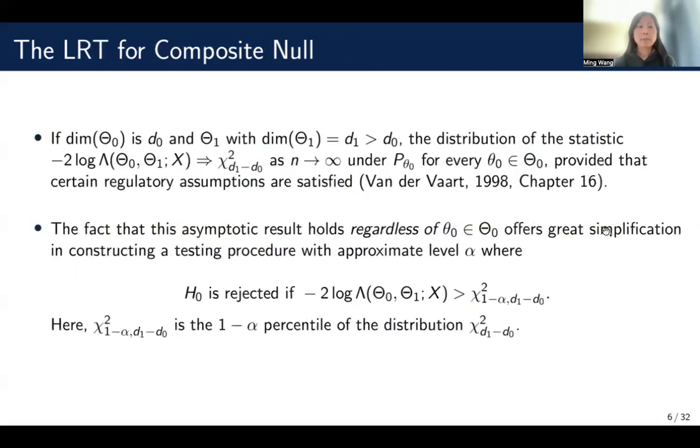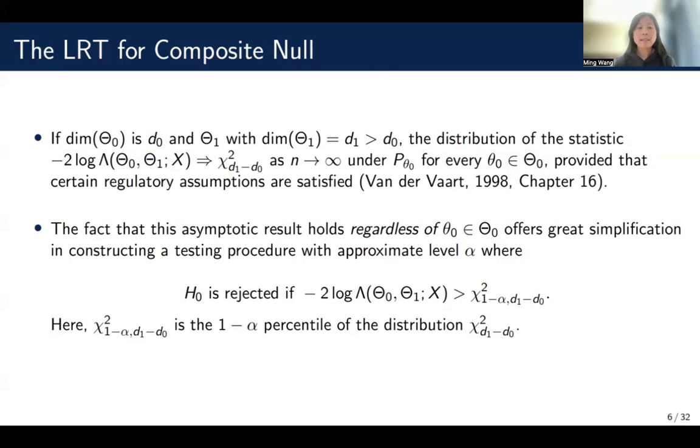If the dimension of big Theta 0 is d0 and big Theta 1 has dimension d1, when d1 is greater than d0, the distribution of the statistic minus 2 log lambda converges to a chi-square distribution with degrees of freedom d1 minus d0 as n goes to infinity.